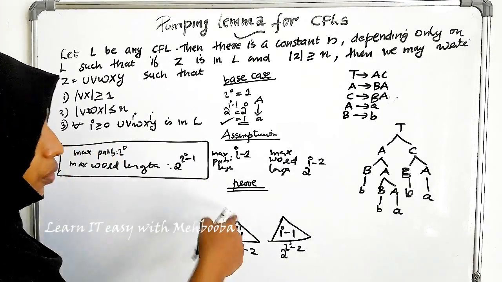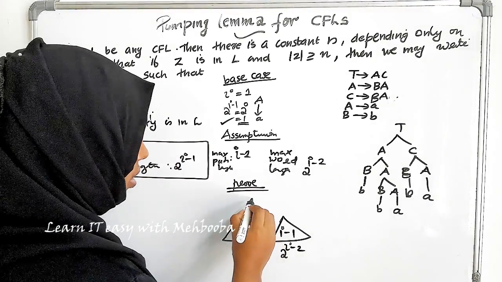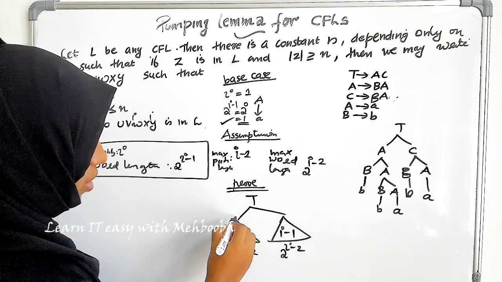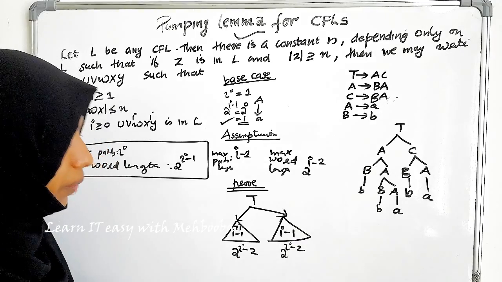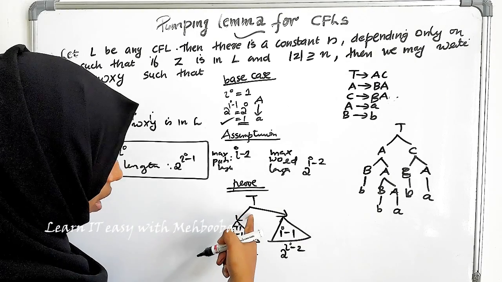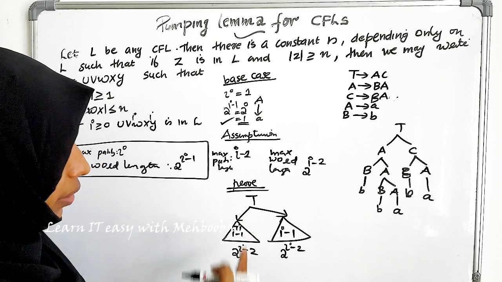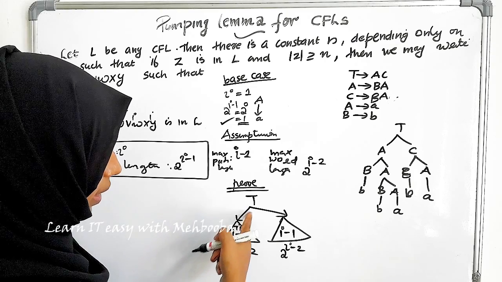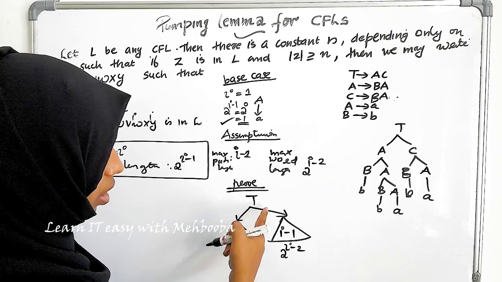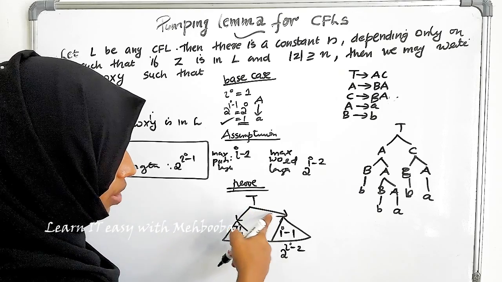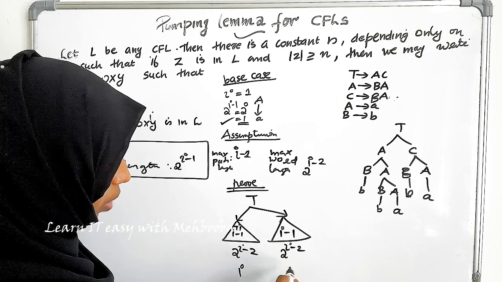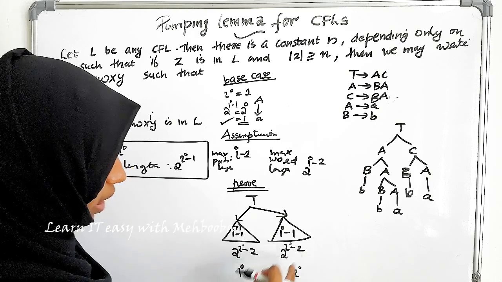Now if we club these two trees into a single tree, where T branches to T1 and T2, the path length has increased by 1. So the path length is I here. Here also the path length has increased by 1 because of this edge. So the path length has increased to I on both sides.